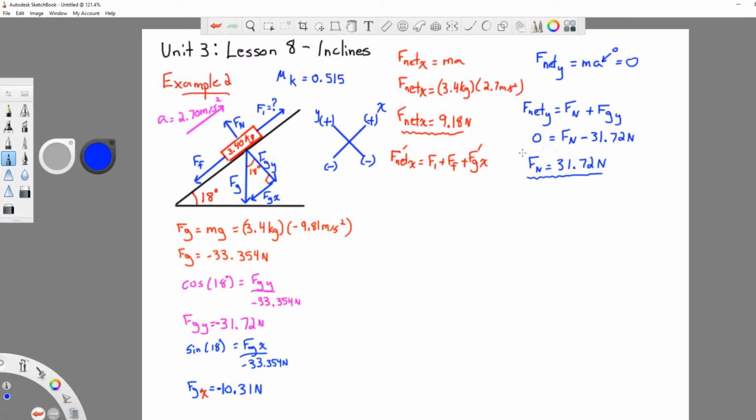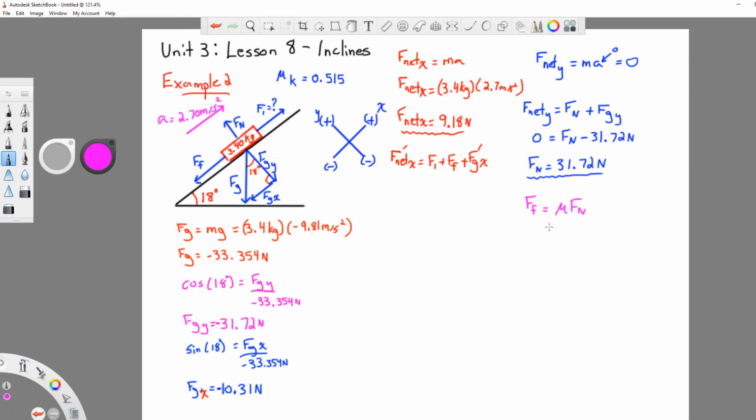Well, we have force normal now, and we were looking for force of friction. Well, I think we're almost done this problem, because if we're looking for force of friction here, we can say that force of friction is equal to, well, not force normal first, it's coefficient of friction times force normal.